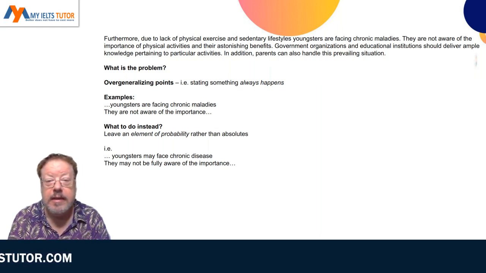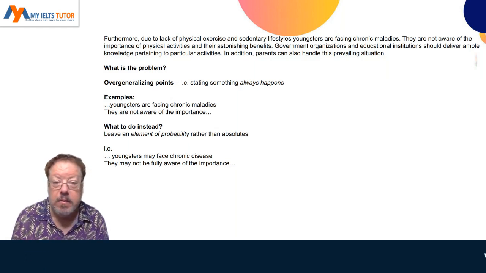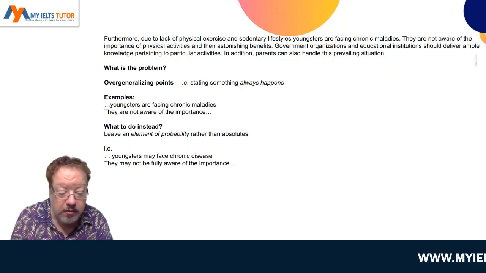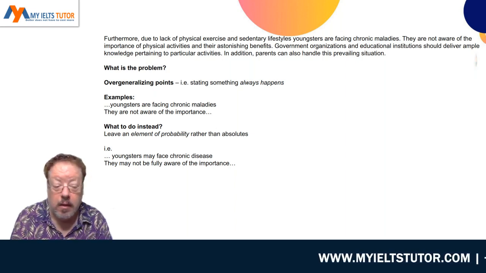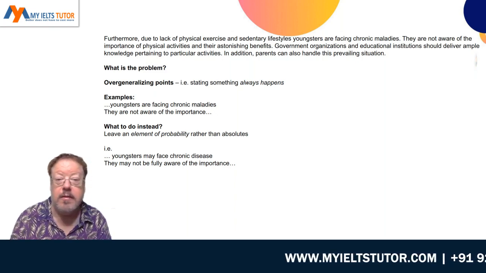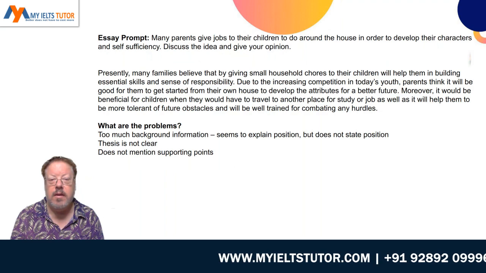Those really indicate degrees of probability. Now, how can we rewrite these phrases instead? So we can have youngsters may face chronic disease and they may not be fully aware of the importance. So that's how you do it. Now let's move on to the next one.